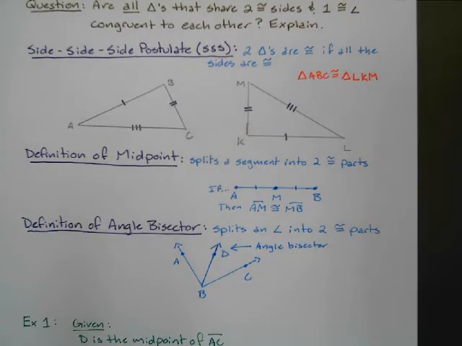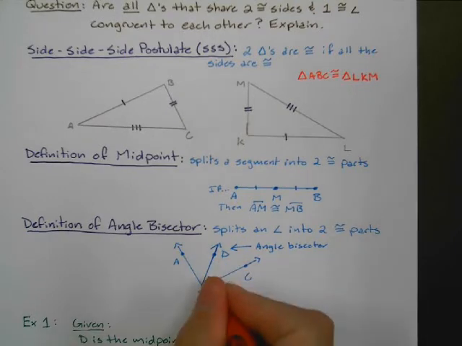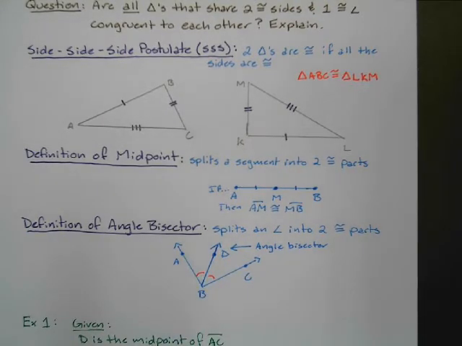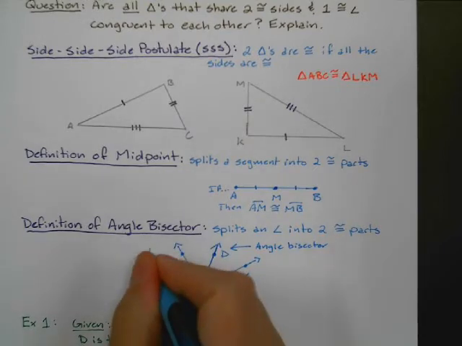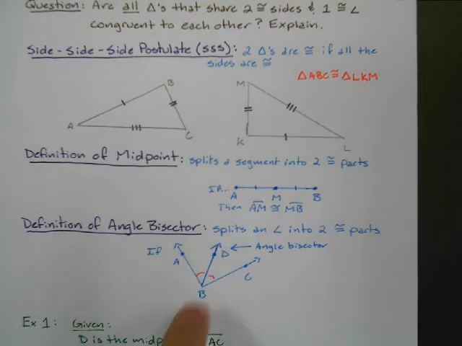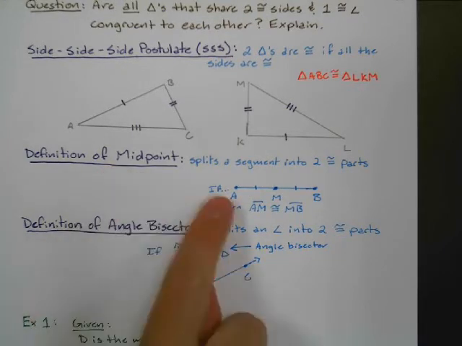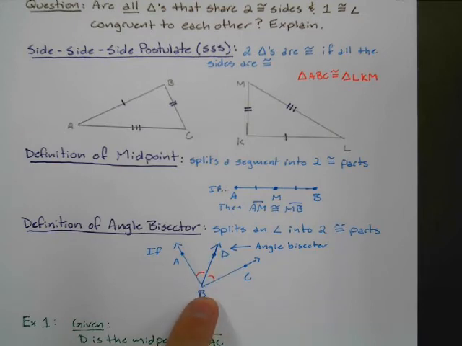If that's the angle bisector, it's telling me that this angle here and this angle here are congruent to each other. So anytime you have an angle bisector, it proves that you have two congruent angles, kind of like a midpoint for angles.